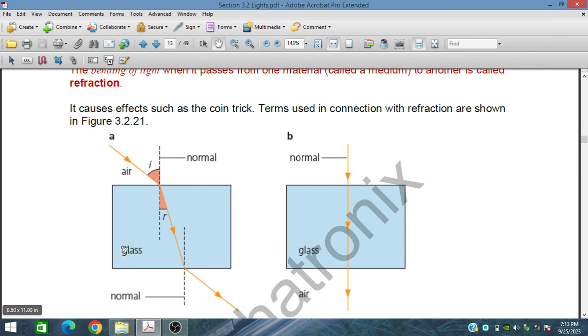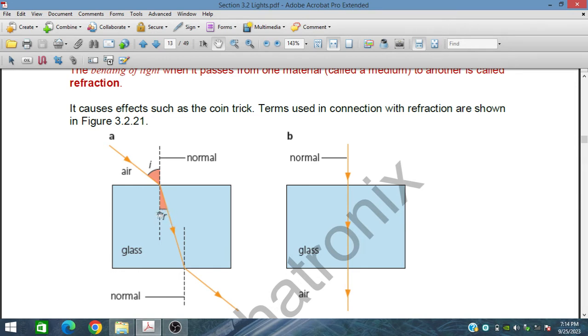Since glass is a denser medium, this ray of light will not move like this, but it will bend toward the normal. So this angle I is greater than this angle R. This is the angle of incidence and this is the angle of refraction.